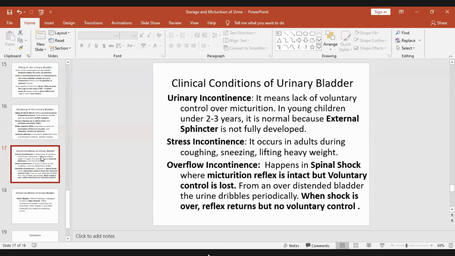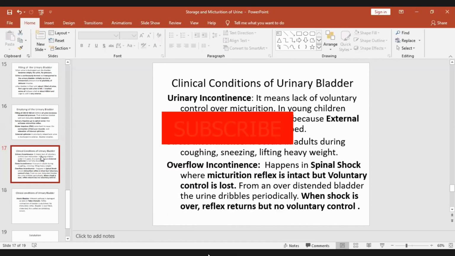What is that? In the spinal shock, the micturition reflex is intact. That is, the damage to the spinal cord is above the sacral region. So the micturition reflex from the bladder to S2, 3, 4 and back is intact, but voluntary control is lost because the upper control is lost.